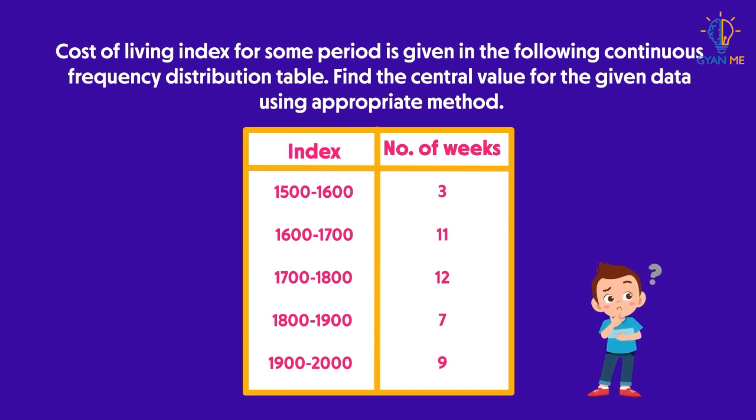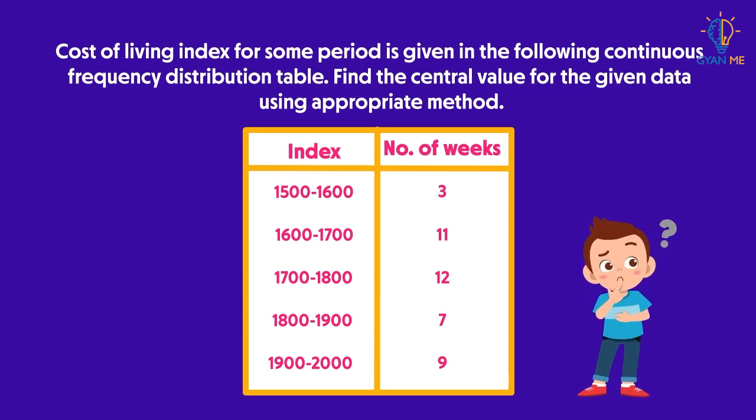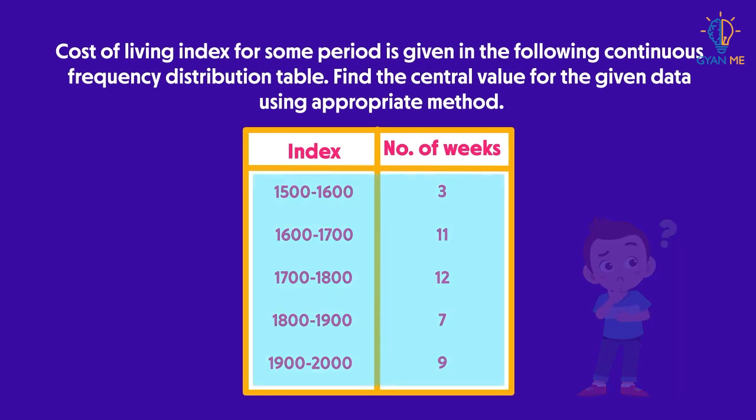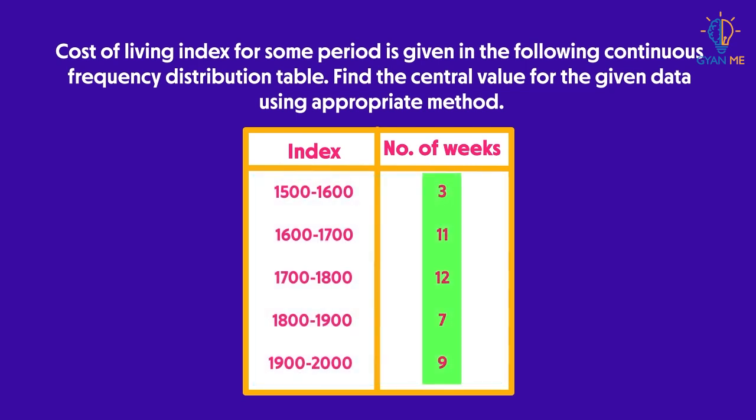So students, first let us analyze the given data. Observe that given data has numbers, so mode is obviously out of our concern. Now observe the frequencies carefully. We find that frequencies given to us do not have any extreme values.